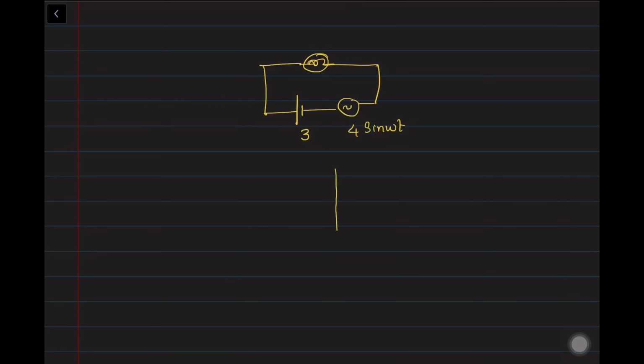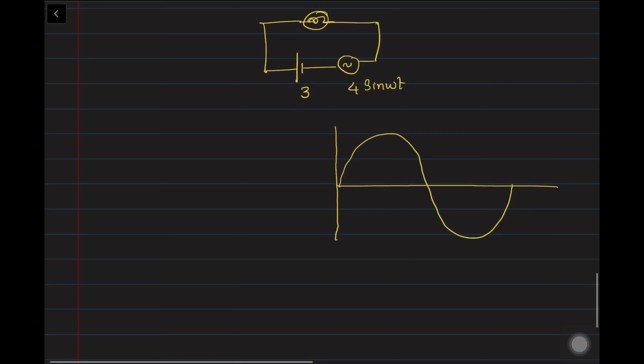So let's draw the graph first, then only you will understand. What I'm going to draw is first that 4 sin omega t, it goes like that, but I'm going to draw the real reference line here.